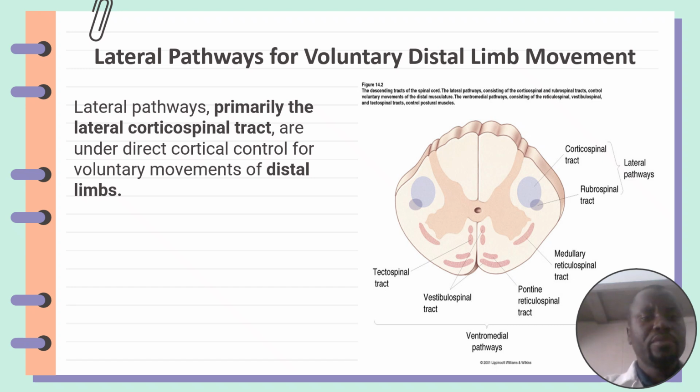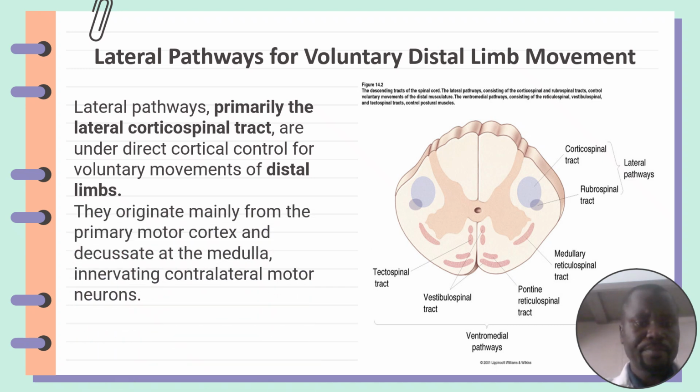So the lateral pathways, primarily the lateral corticospinal tract, are very, very important. In terms of function, they are under direct control of the cerebral cortex and are important in voluntary movement of the distal portions of the limbs, the legs and the arms. They originate, as the name suggests, from the primary motor cortex, but they also decussate.